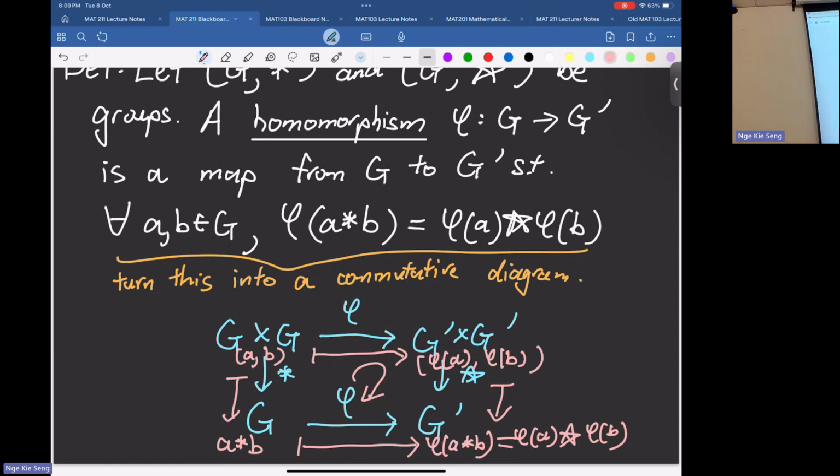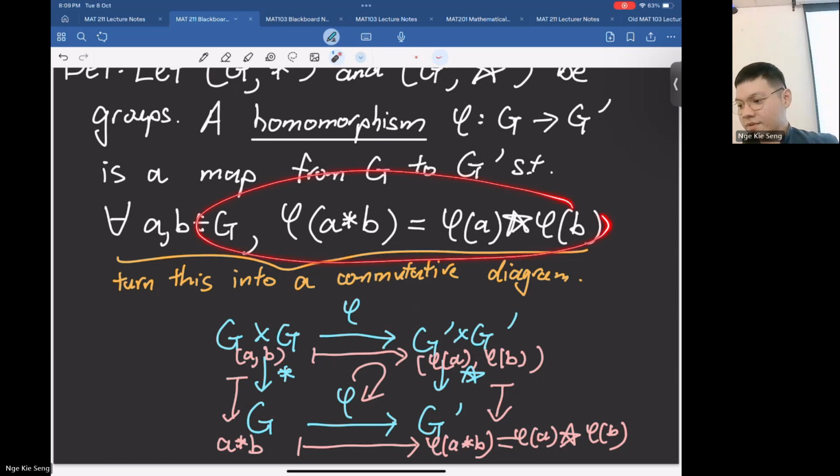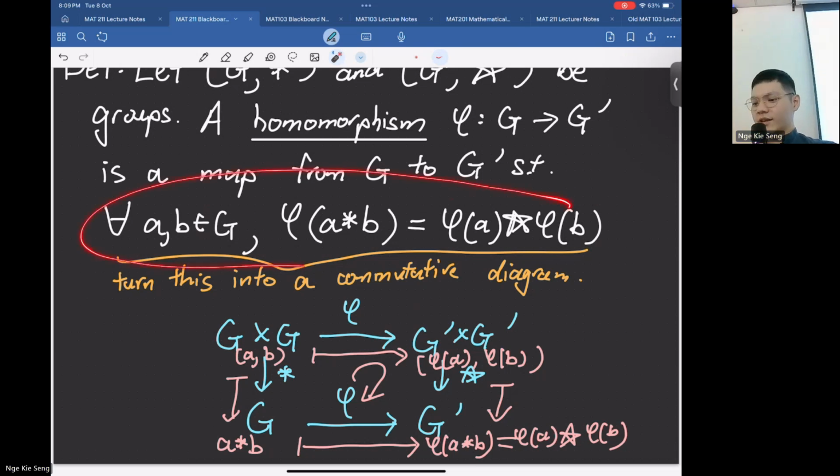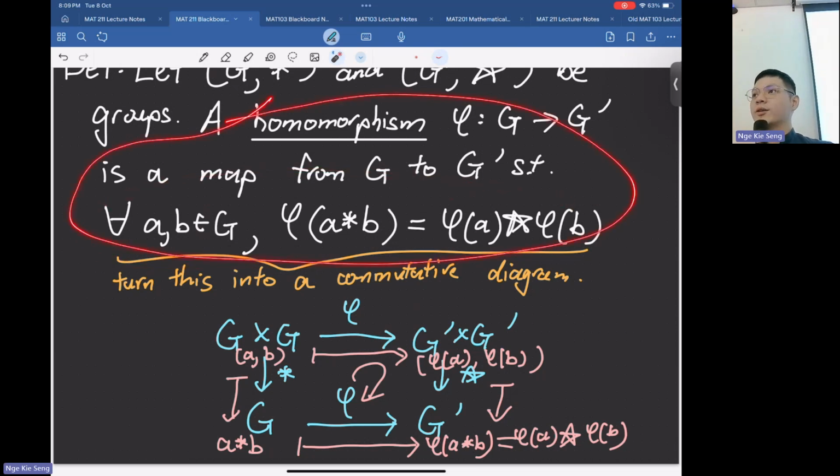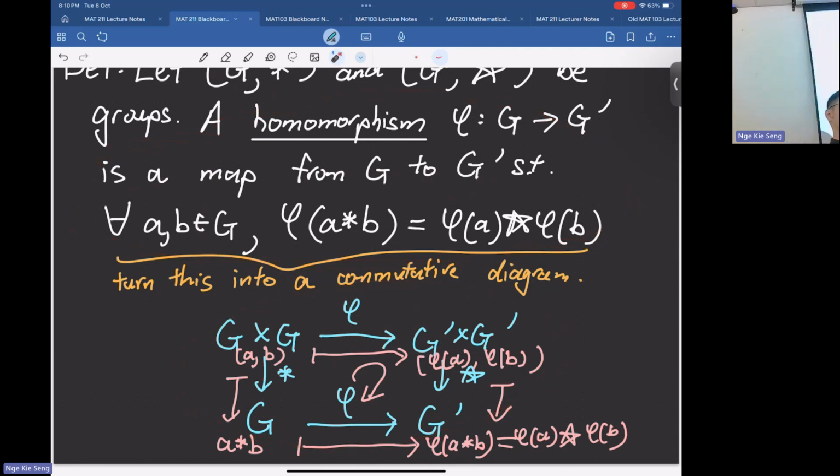You have phi, you have G, and then you have composition. This is actually the whole definition already. If you just look at these, not quite, right? I don't know what G is, or I don't know what G prime is if I didn't write all these things out. But this diagram will include all the details you need.